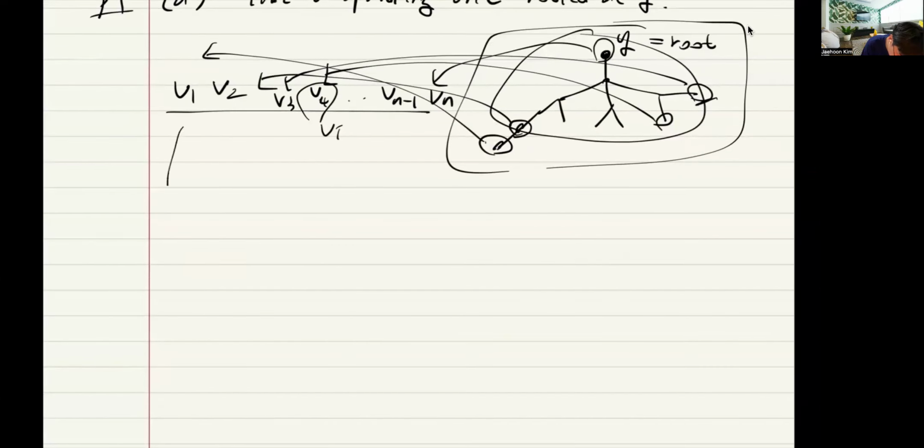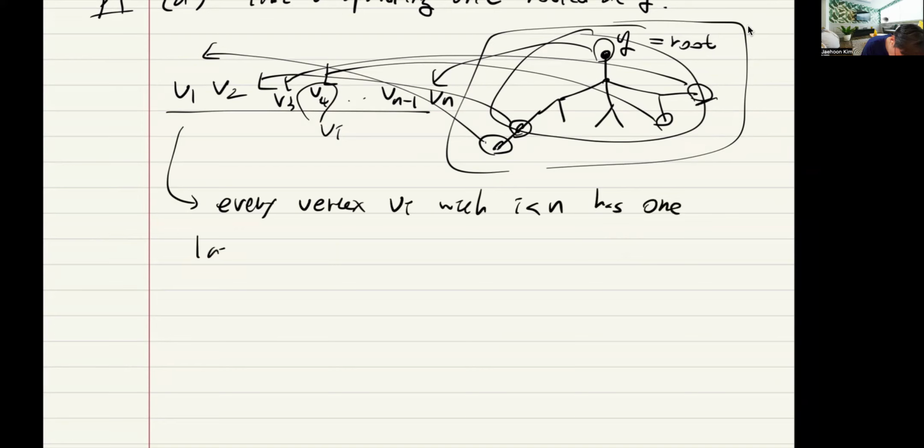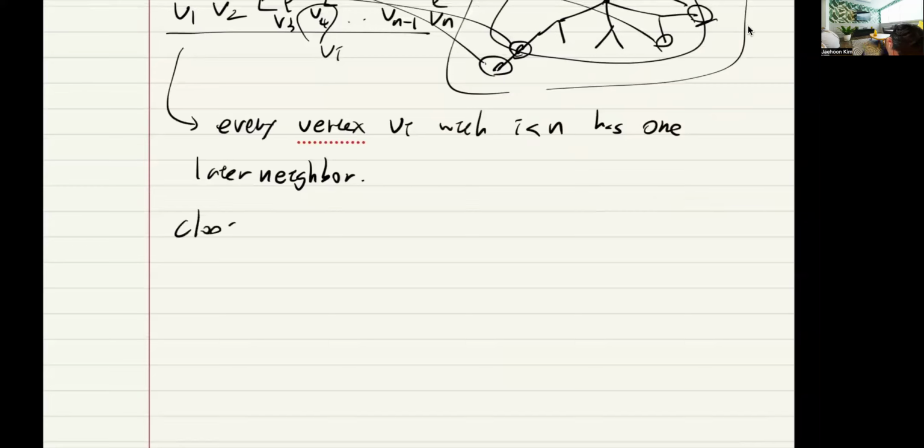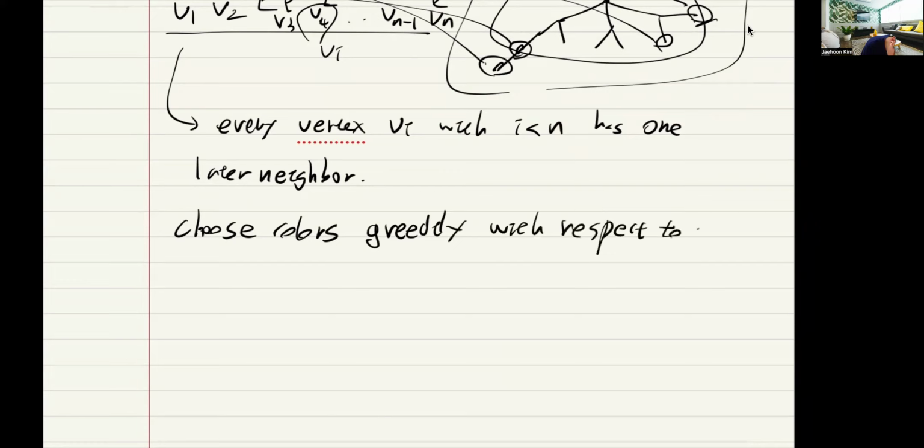So in here, every vertex Bi with i being not n has at least one later neighbor. So we choose colors greedily with respect to this ordering.